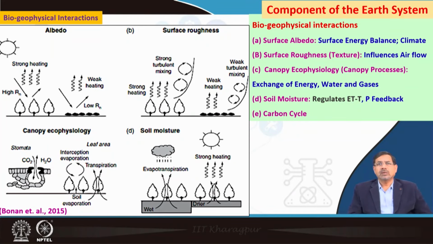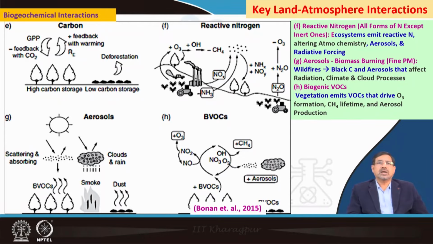Let's move on to the fourth one, that is the soil moisture. Soil moisture regulates the evapotranspiration, the temperature, the precipitation, and their feedback. The next one is the carbon. I just mentioned the different amounts of carbon present in different spheres.